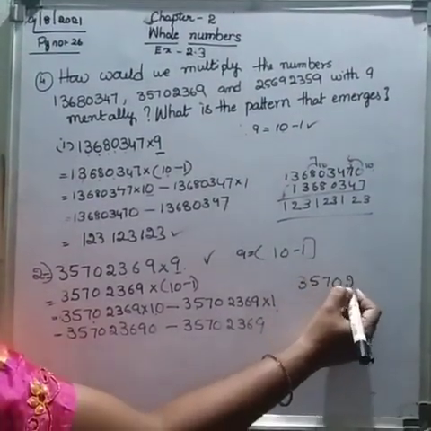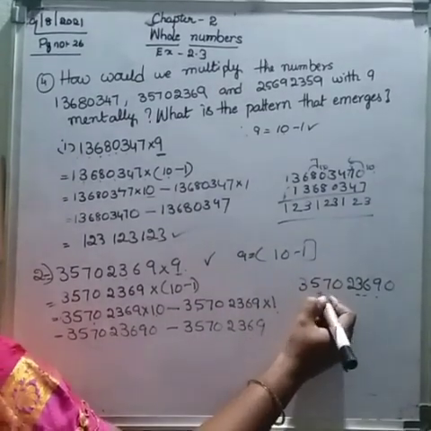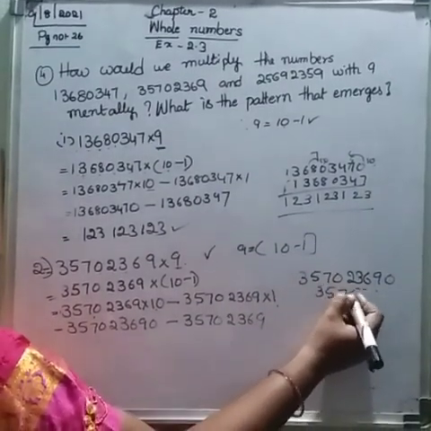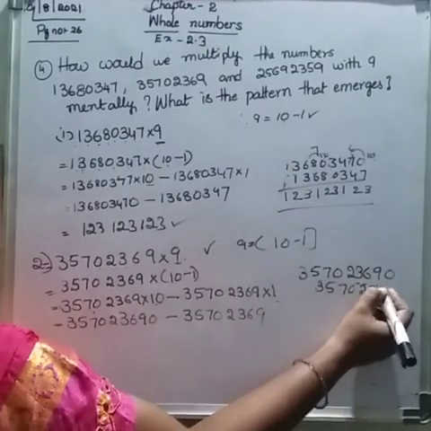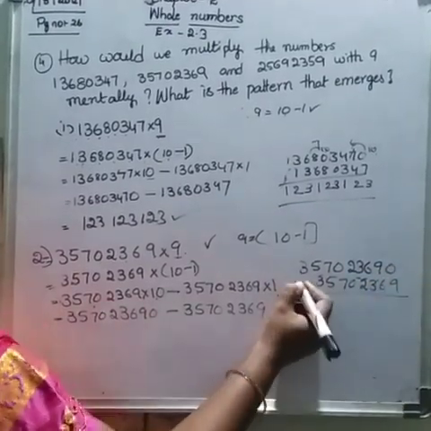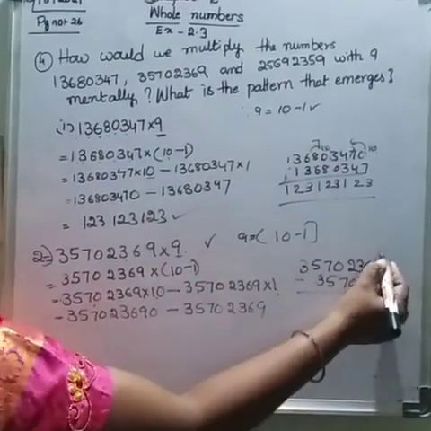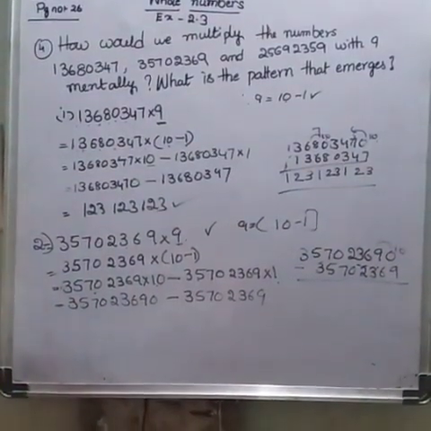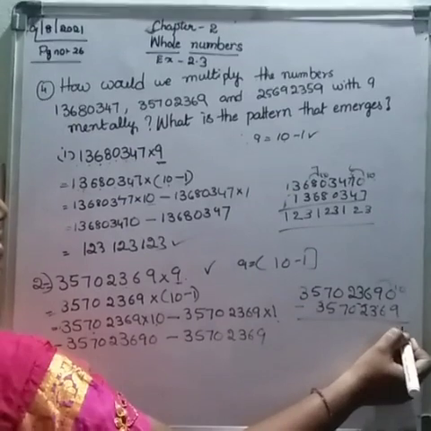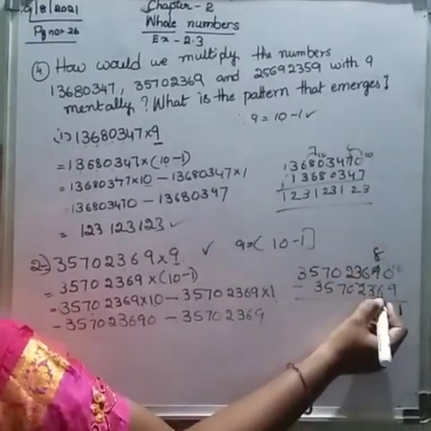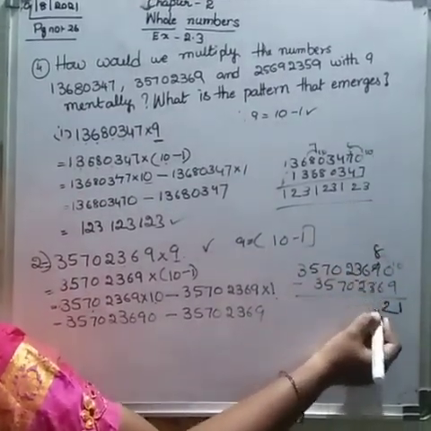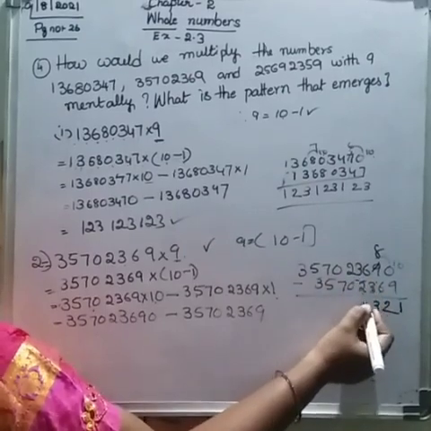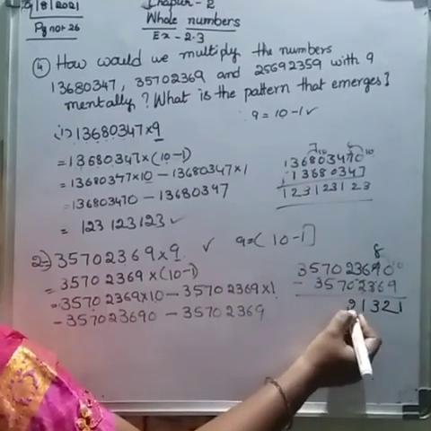357023690 minus 35702369, right? 10 minus 9, 1. Here 8 minus 6, 2. 6 minus 3, 3. 3 minus 2, 1. 2 minus 0, 2.